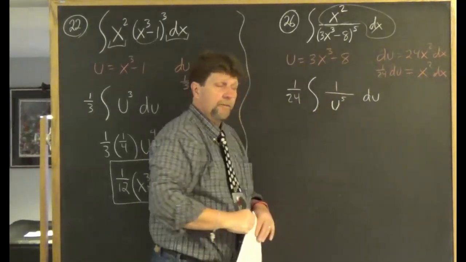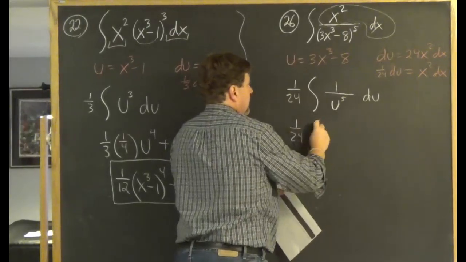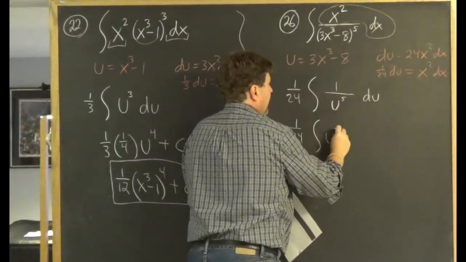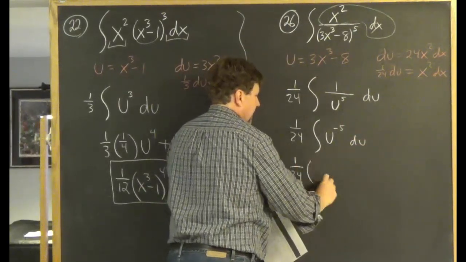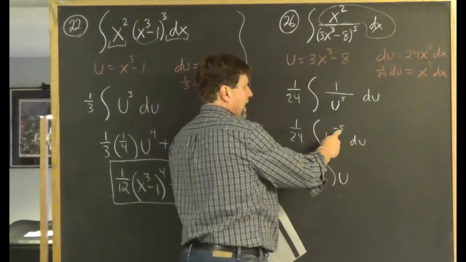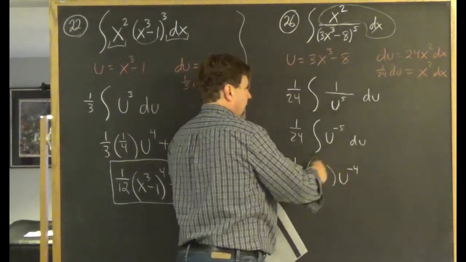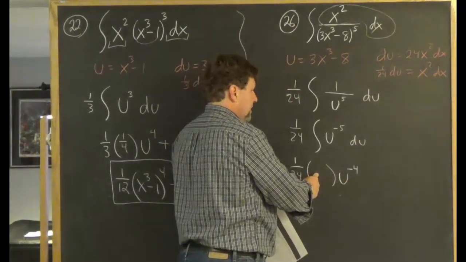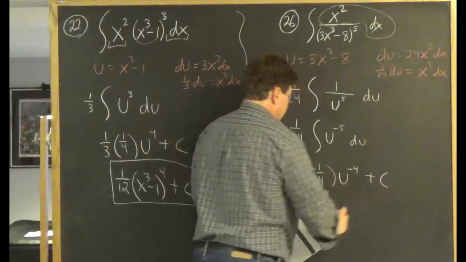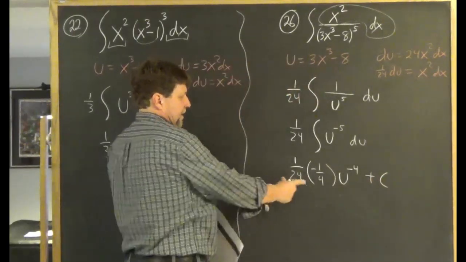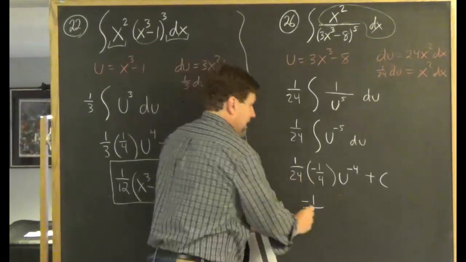That leaves me with a 1 in the numerator. And then one little step of algebra. Rewrite 1 over u to the 5th as u to the negative 5th. Now that has me prepped to use the power rule. So let's see, I add 1 to the exponent, so that gives me a -4. And here goes the reciprocal of the new exponent, and that's a -1/4. Tack on a plus c. And see, if I multiply these two together, I get a -1 over 96, I believe.